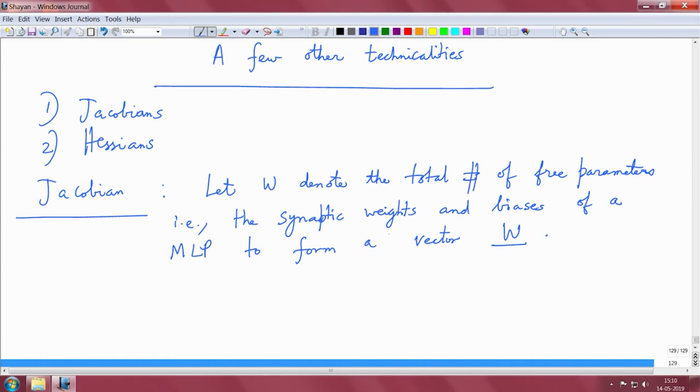So, this should not be confused with the total number of free parameters. Maybe I can call this some other number, but we will use this as W. Okay.